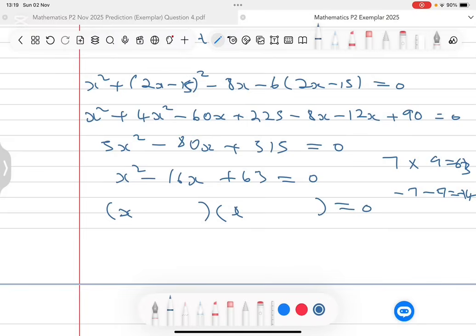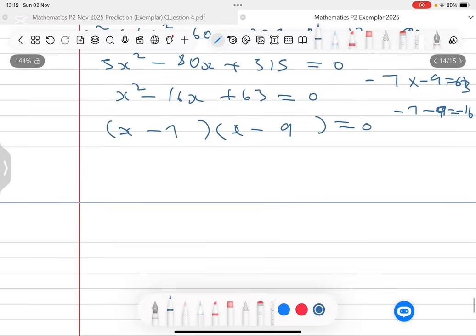No, negative 16 I meant to say here. So I get negative 16 with 7 and 9. It means when I multiply them here, both of them must be negative, and I get a positive. So this is the positive, and this is where I combine them, they give me that. So my factors here are going to be negative 7 and negative 9.